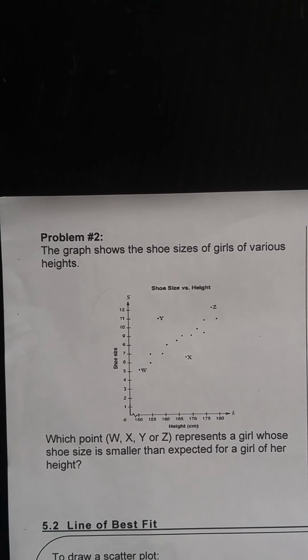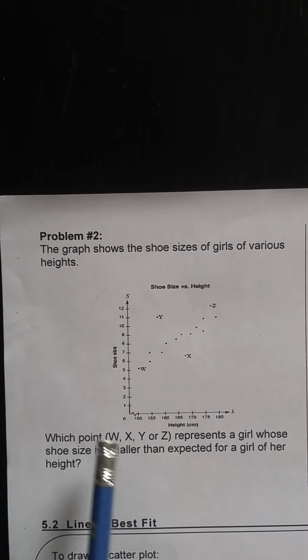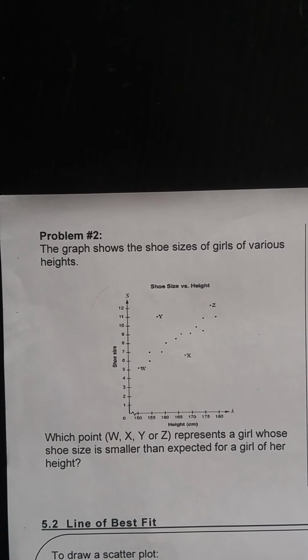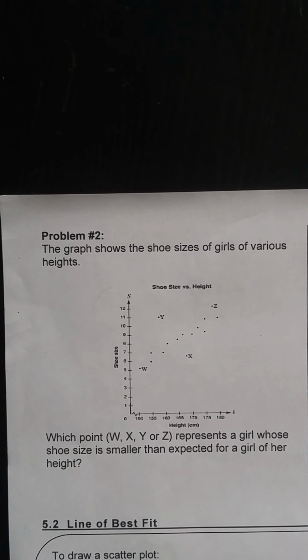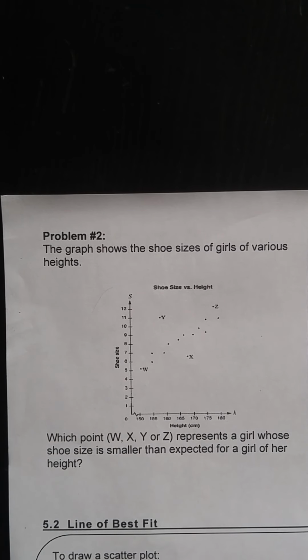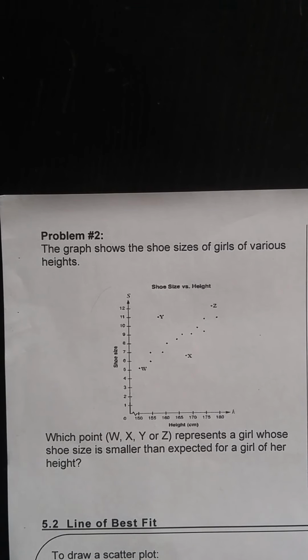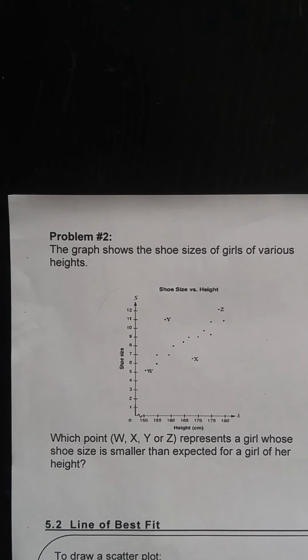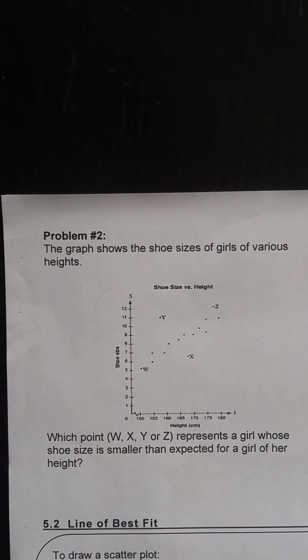Okay, so our x-axis has our height and our y-axis has shoe size. Okay, so we can see an upward trend here. The taller someone is, the larger their shoe size. Okay, now our question is asking us, which point out of W, X, Y, and Z represents a girl whose shoe size is smaller than expected for a girl of her height? So we're looking for an outlier here.